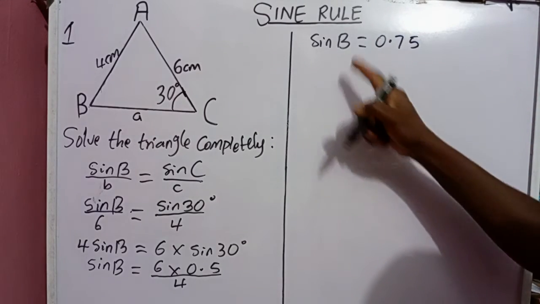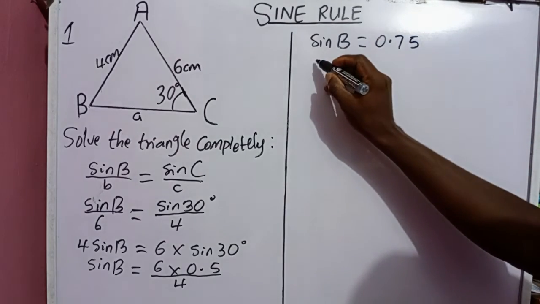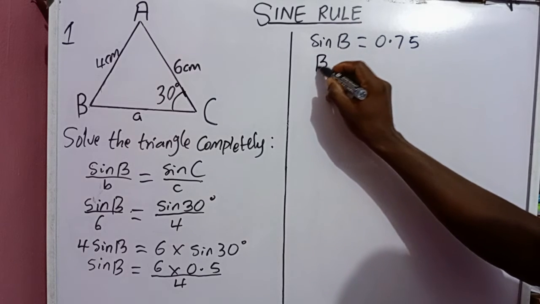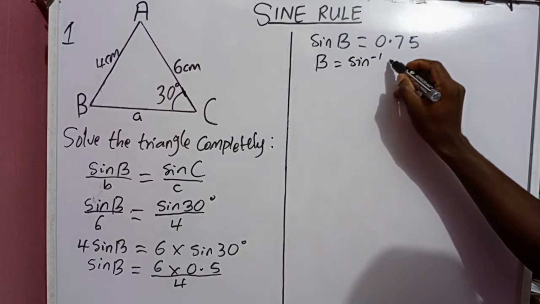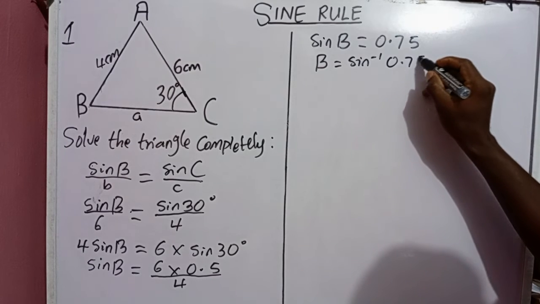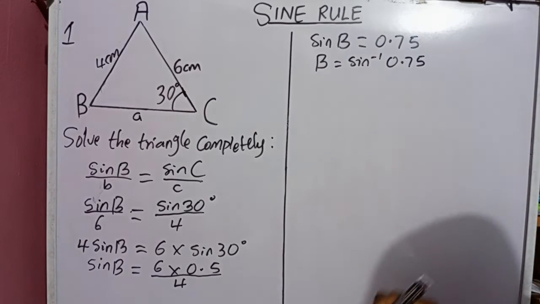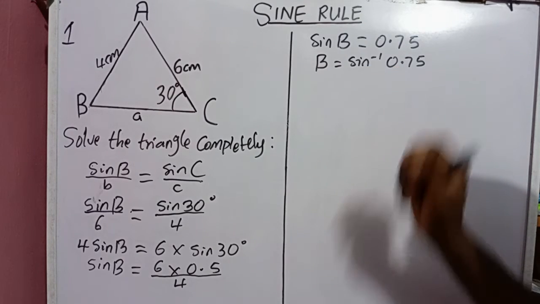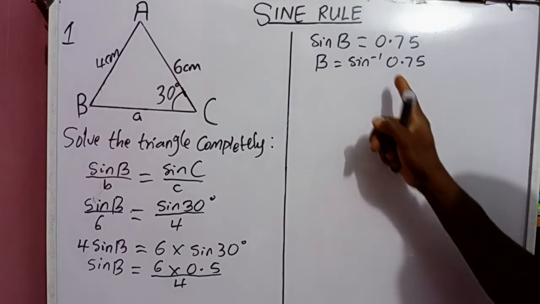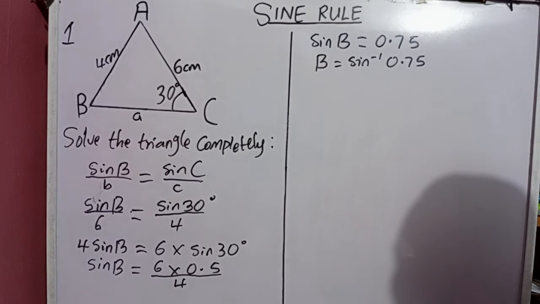0.75. Then to achieve this, we have to find the sine inverse of 0.75. I hope you know how to punch this into your calculator. You press shift, that's the second function, then press sine, then punch in this number, and you'll get the result.